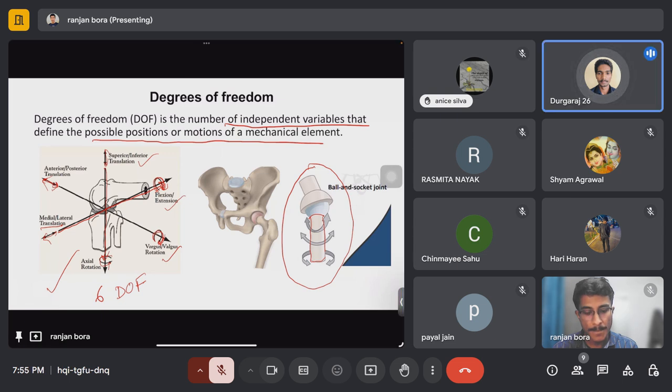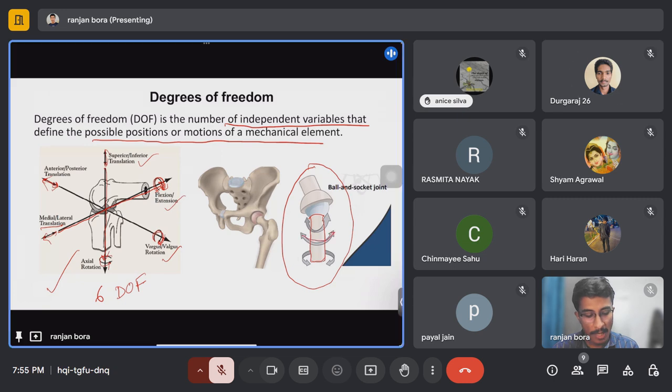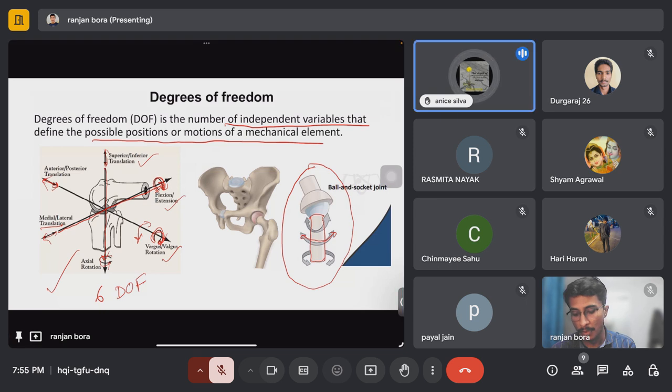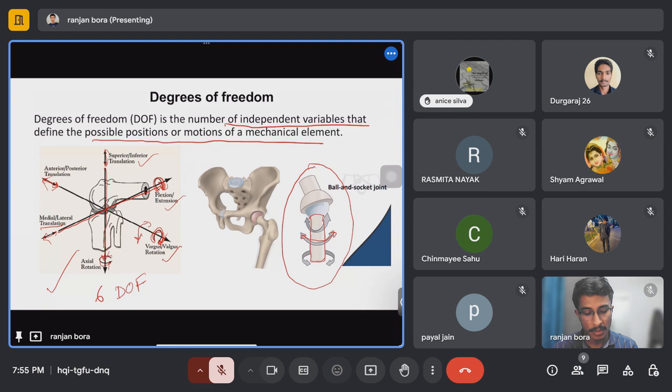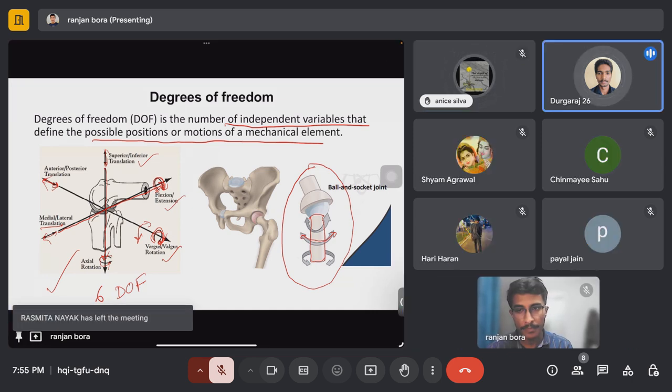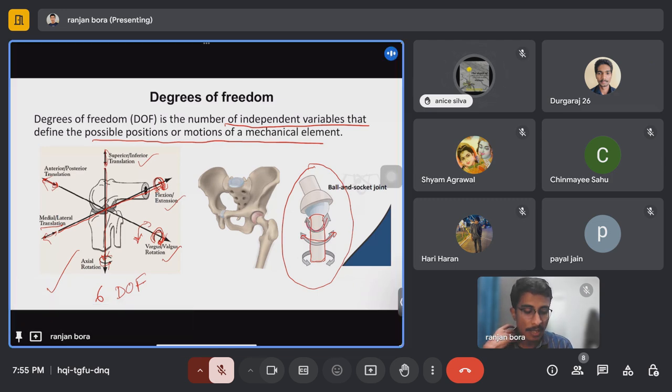Up, down, sideways, and rotational, are these one only? If it is 6, then can you say this rotation is 2? This is simply one movement. Only rotation, sir. Yeah, the hip joint can have only rotational movements, as shown in this figure. But you can see there are three types of rotations we can have.